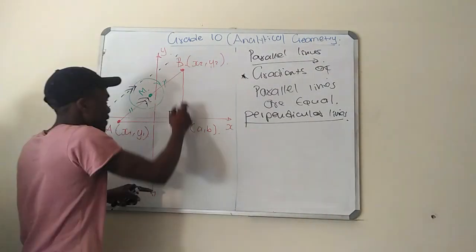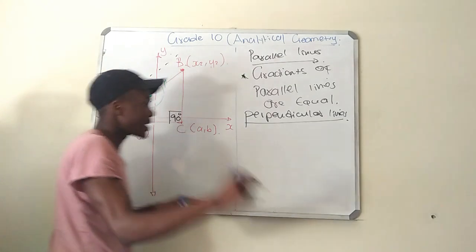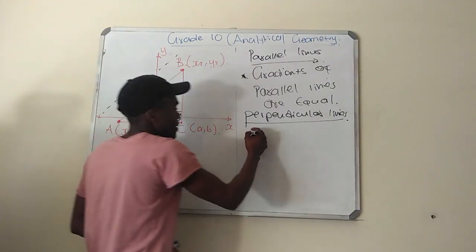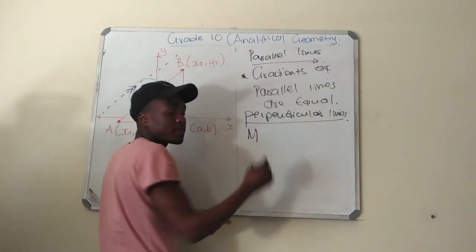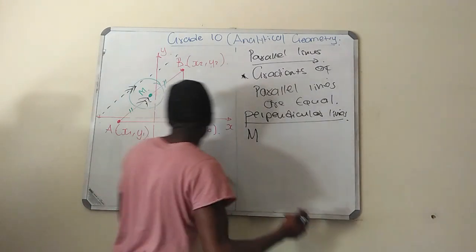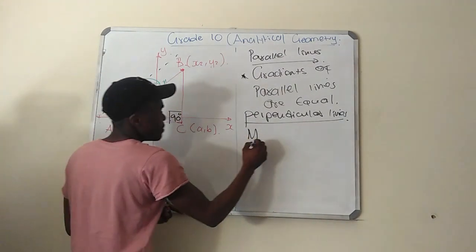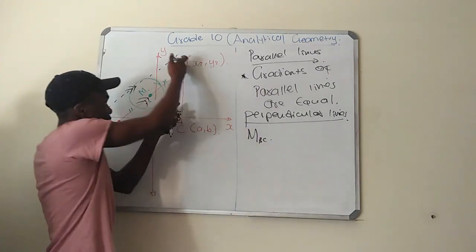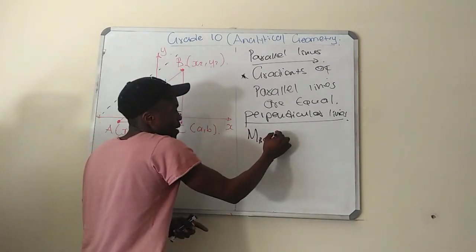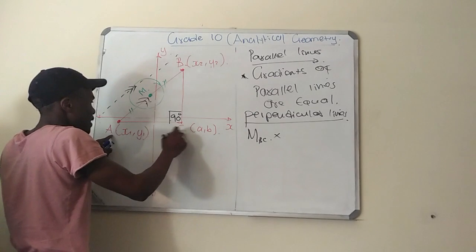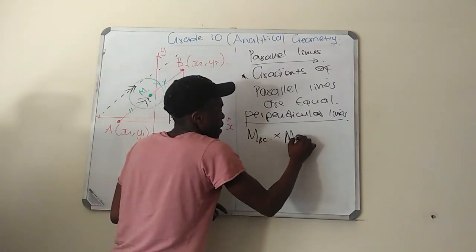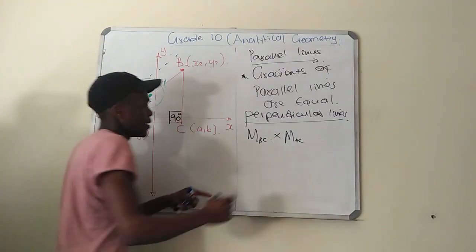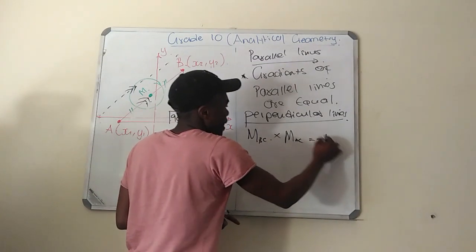Then the product of their gradients is equal to -1. Remember, we use M to show the gradient. So it's going to be M of BC, which is the gradient of the line BC, times the gradient of AC, which is M of AC, equal to -1.